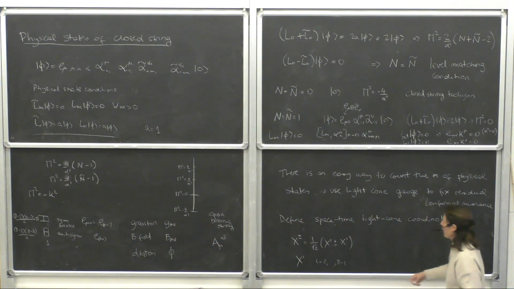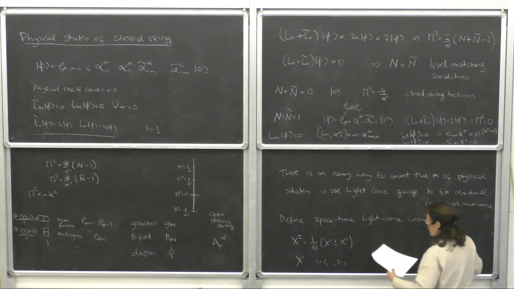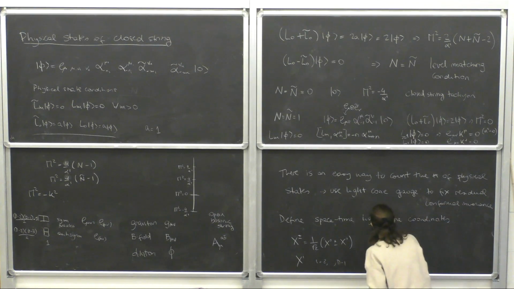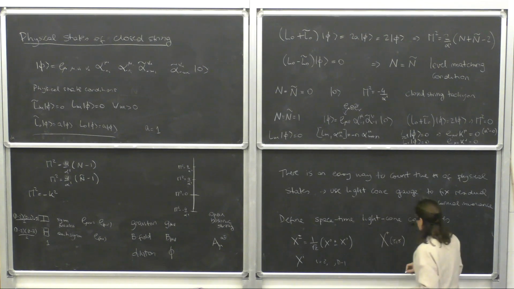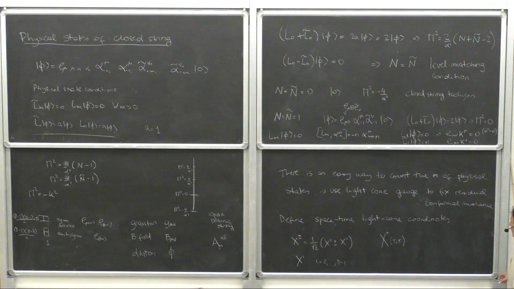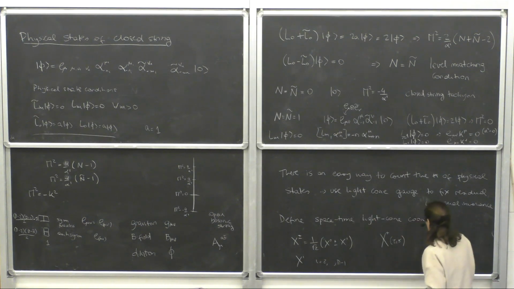Now let me think of the worldsheet field, which is the embedding coordinate. So x plus, which depends on tau and sigma, has excitations along the plus direction.